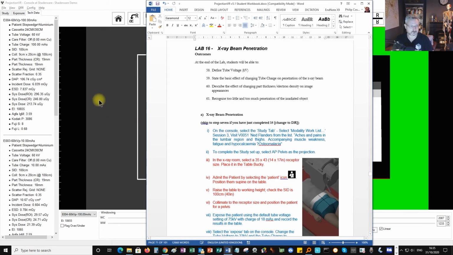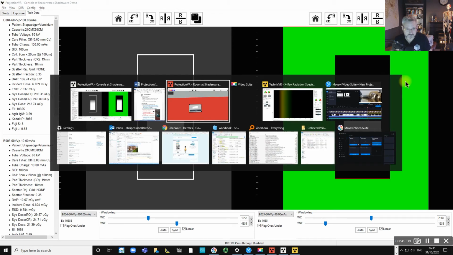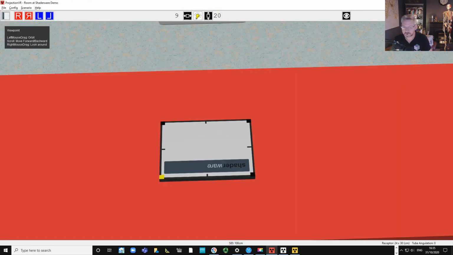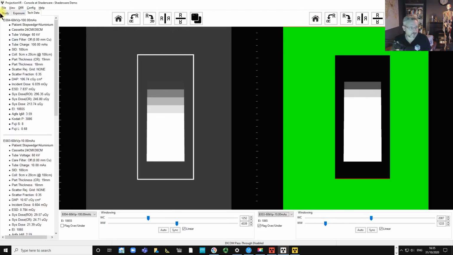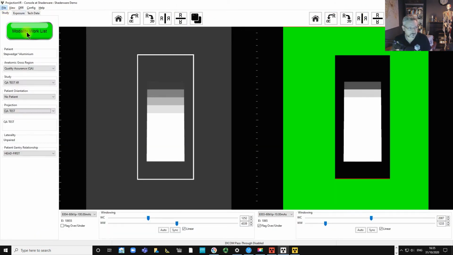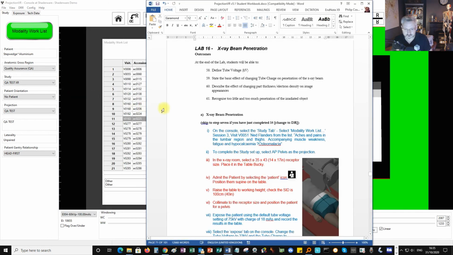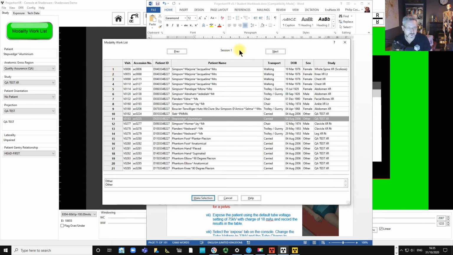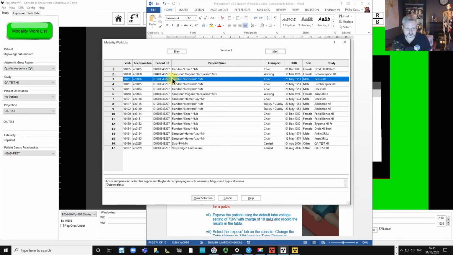So what we're going to do is discharge our patient, and bring a patient into the room. So which patient does it want me to bring in? Let's have a look. Session 3, Ned Flanders. So we're going to go to session 3, Ned Flanders for a pelvis.